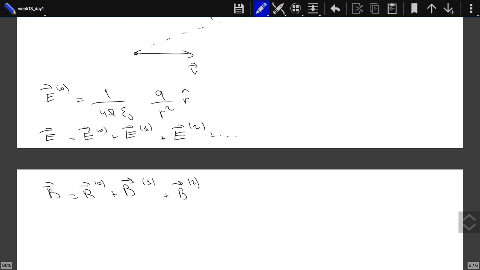Now, what is the magnetic field if the charge is not moving? It's just 0. B0 is 0. So if the charge is not moving, there is no magnetic field anywhere.